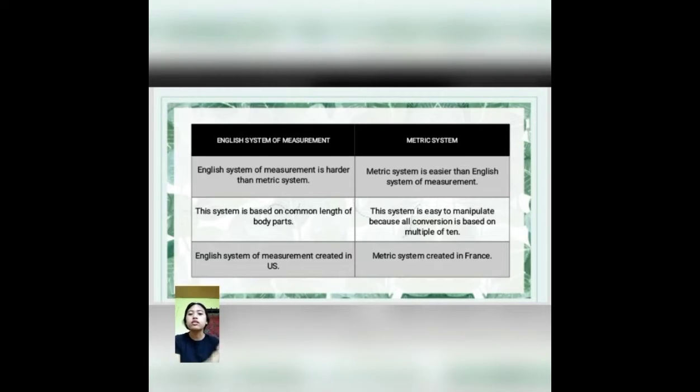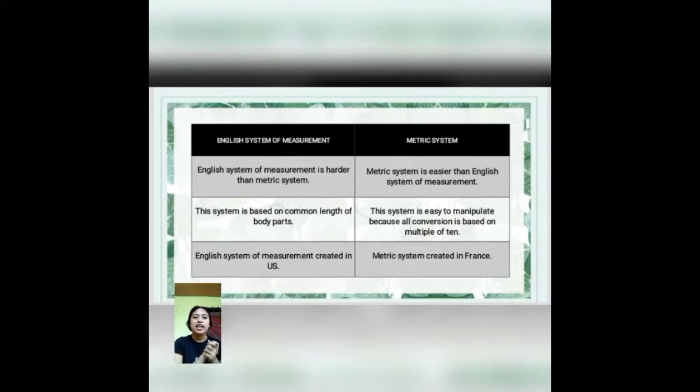So ang English system is lisod siya kay memorization siya. For example, 12 inches to 1 foot, 16 ounces to 1 pound. So di siya pareha sa metric system na mahinumduman na magamit og power of 10.